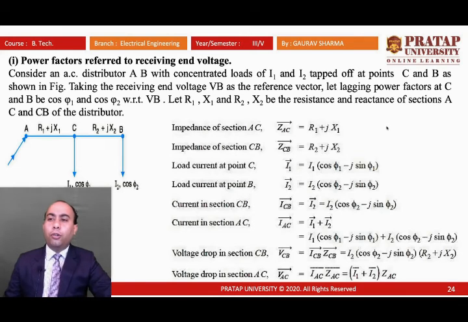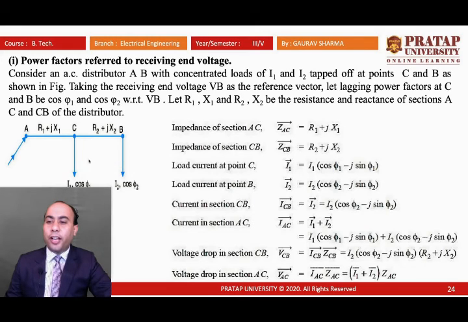Now, look at the power factor referred to the receiving end voltage. We consider a distribution line AB with concentrated loads I1 and I2 tapped off at points C and B. We are taking the receiving end voltage VB as the reference vector.